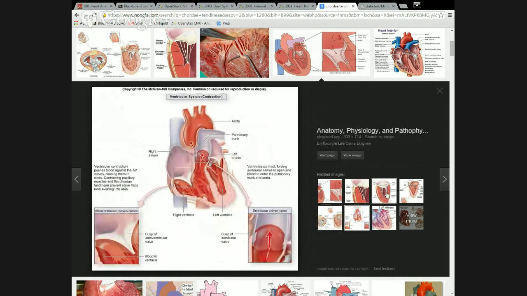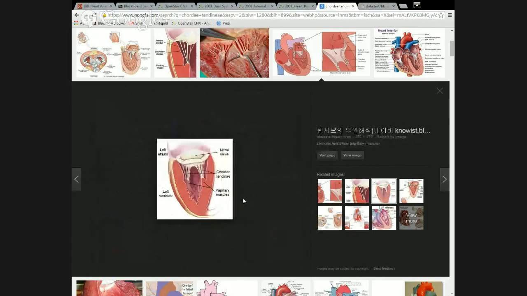Just going through a few of these other pictures. This one might kind of make the point as best as I can hope. So as blood's kind of pushing against the cusps of the valve to close it, these cords are being pulled tight by the contracting muscle, and it basically anchors the cusps down so that they can't be blown back out the other direction.